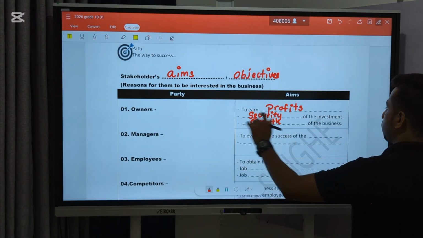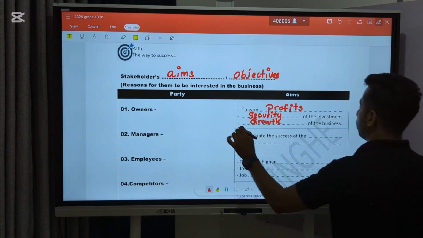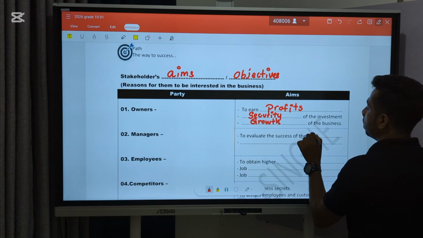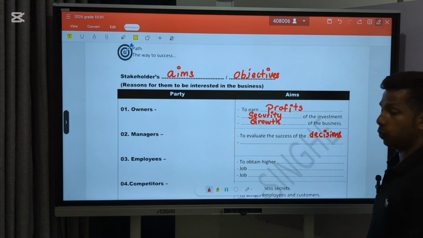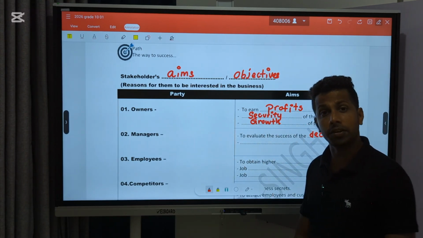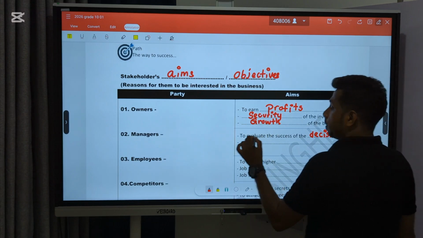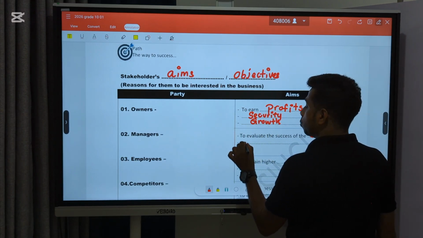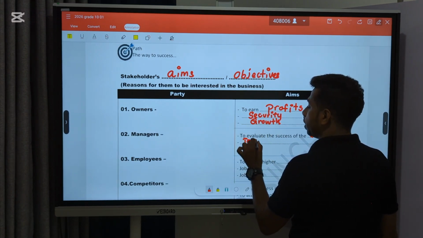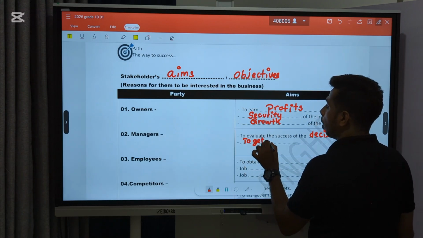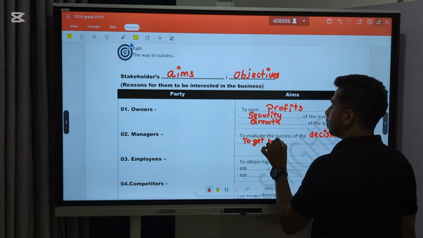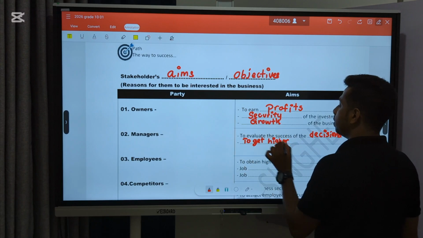So managers, my dear children, mainly they are interested in the business to evaluate the success of the decisions. To evaluate the success of the decisions. In return, they are interested in the business to get higher salaries, to increase their salary.